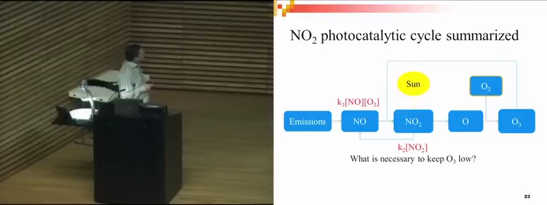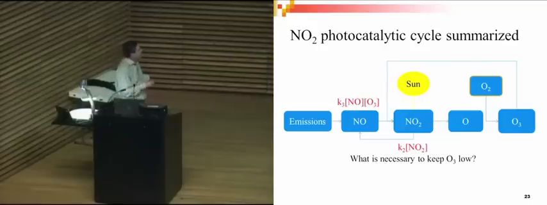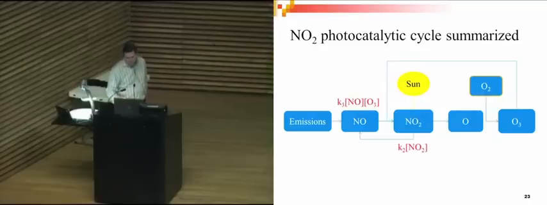So this reaction does require sunlight. So you'll see some temporal variation, of course, in the production of ozone. You need sunlight to get this oxygen atom produced to form ozone.